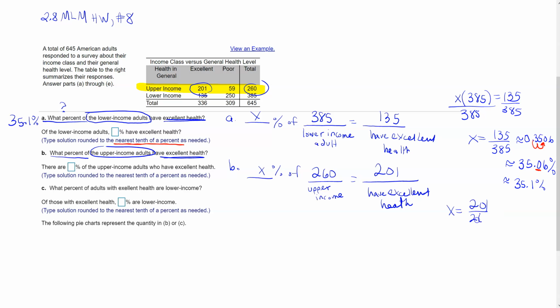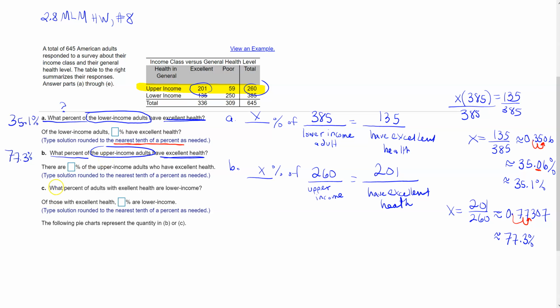You're going to end up doing 201 divided by 260. And when I do that, I get the decimal approximately, I'm going to have to round here, 0.77307. But again, move your decimal first to create that percent, then round to one decimal place. So I'm going to enter 77.3% in for part B. 77.3% of upper income adults have excellent health.